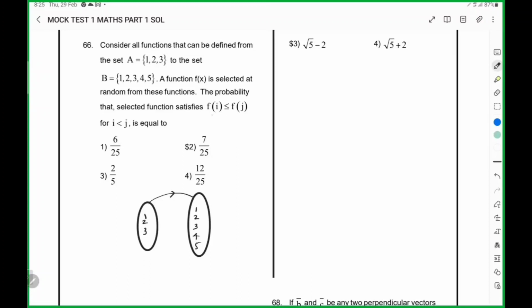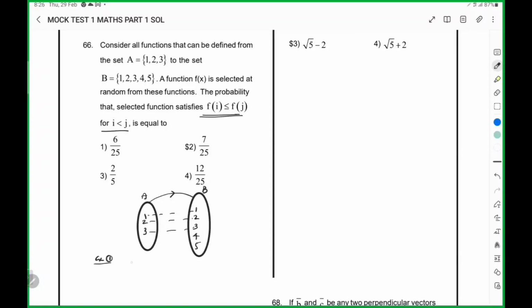Here, the condition is if i is less than j, then f(i) must be less than f(j). So the domain is A, the codomain is B. In case 1, distinct elements have distinct images, like this: 1, 2, 3.